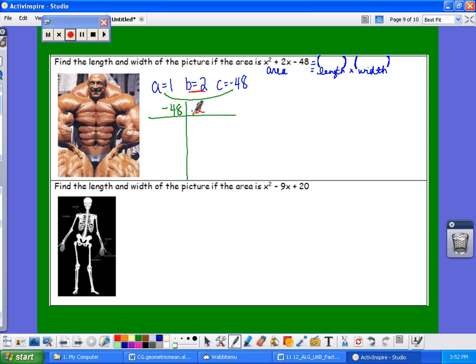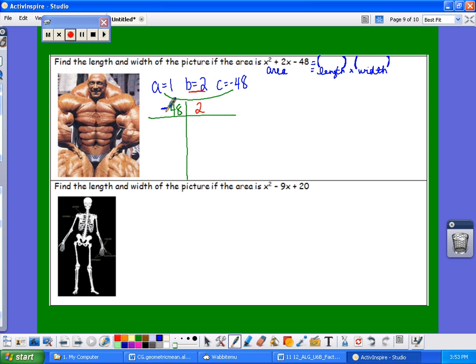Now remember that this 2 is positive, so what does that mean about my factors? Can you think about it? It means that my largest factor is going to be positive. And the reason I have a positive and a negative factor is because this 48 is negative. If the 48 was positive, they're either both positive or both negative.